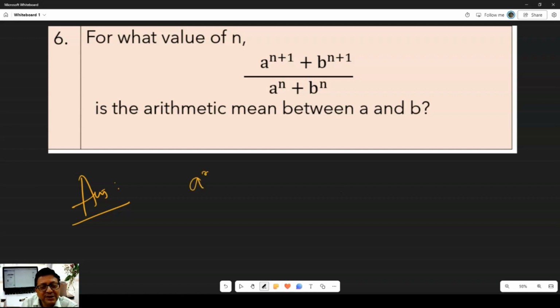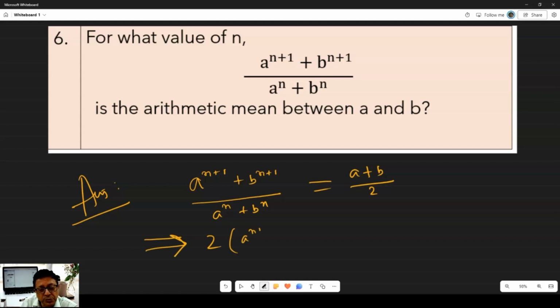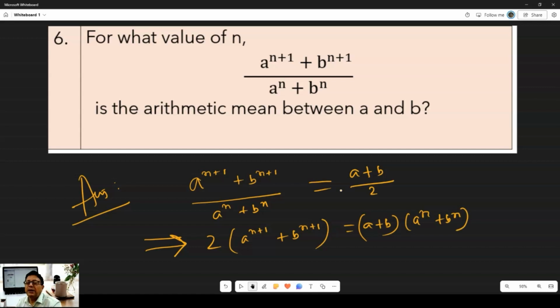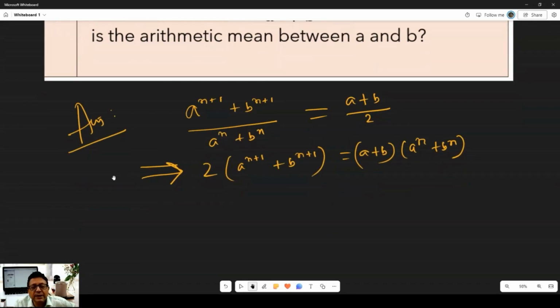So you write (a to the power n plus 1 plus b to the power n plus 1) by (a to the power n plus b to the power n). Arithmetic mean between a and b is what? a plus b divided by 2. So this implies 2 into (a to the power n plus 1 plus b to the power n plus 1) equals (a plus b) into (a to the power n plus b to the power n). Alright?